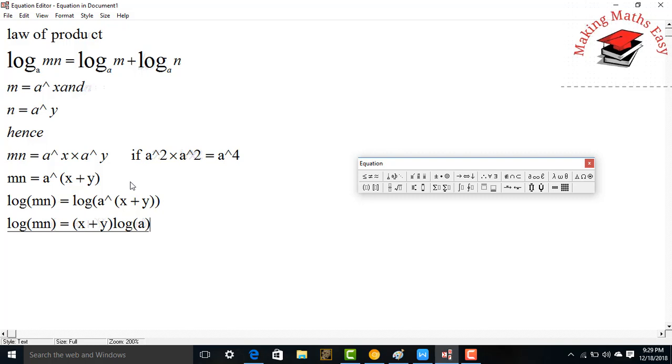Okay, so we have proved this. Now we will take log of a in the denominator. So in the next step, log of mn divided by log of a equals x plus y.